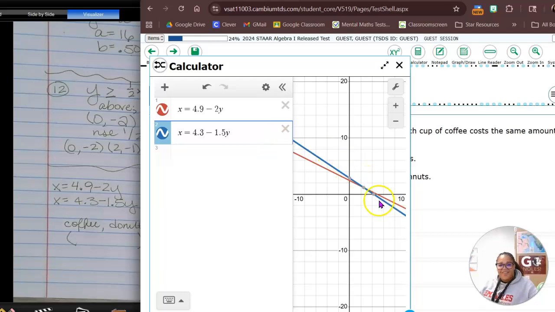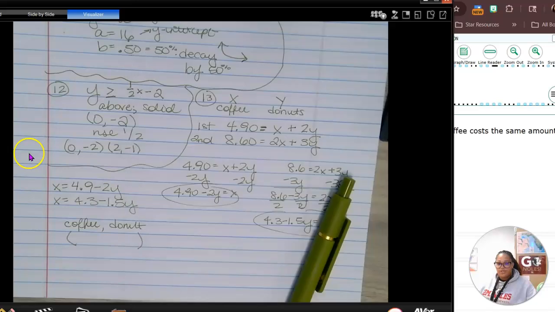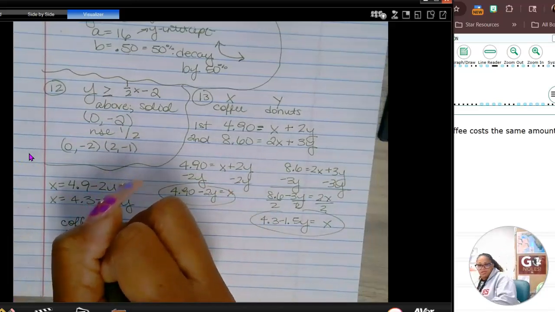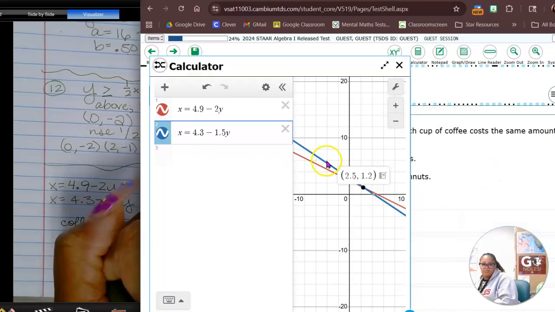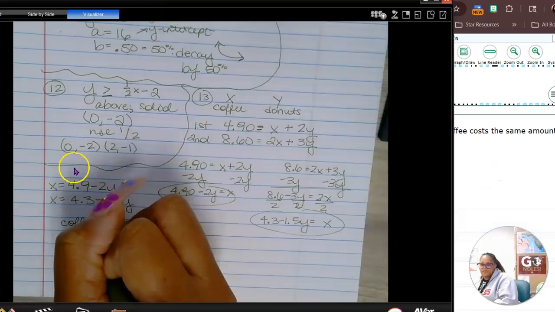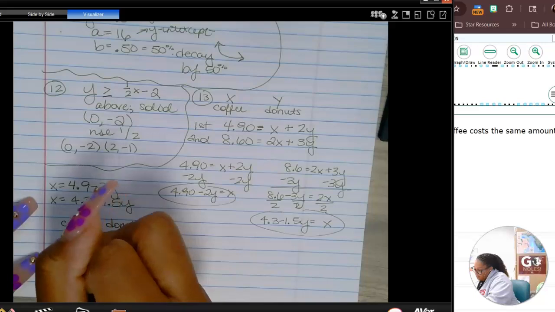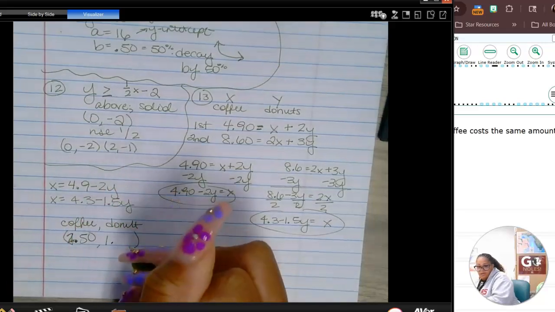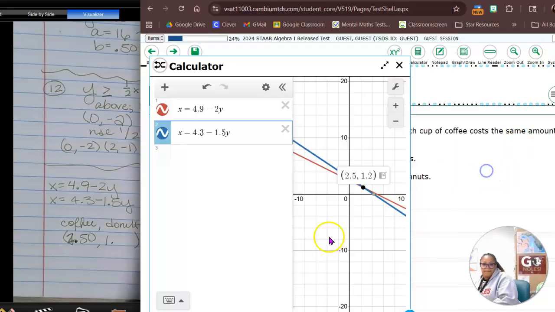Now this is where they cross at 2.5 and 1.2. So that means coffee is $1. No, it's not. Coffee is $2.50. And a donut is $1.20.